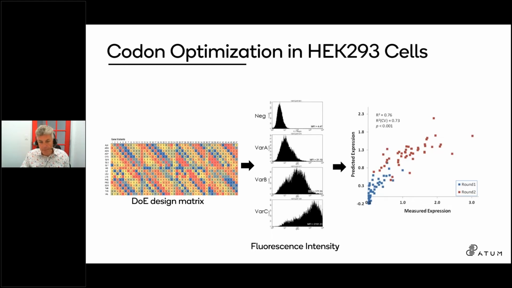So we did the same thing, here's an example, in HEK293. On the left-hand side, you have the DOE design matrix, and each color represents a certain codon bias for different amino acid substitutions. We synthesized these different genes, tested them, and what you see is 2 orders, almost 3 orders of magnitude difference between the worst codon optimization and the best codon optimization.